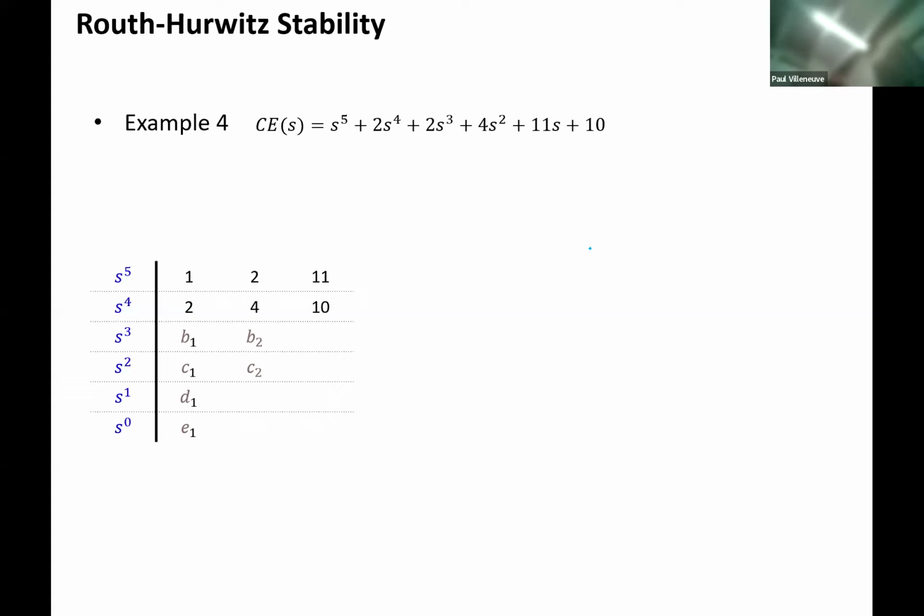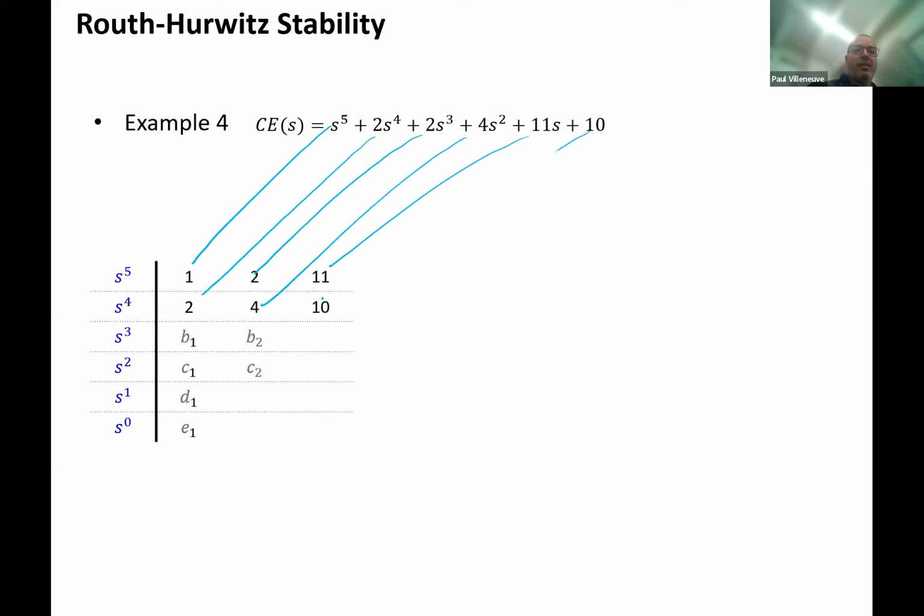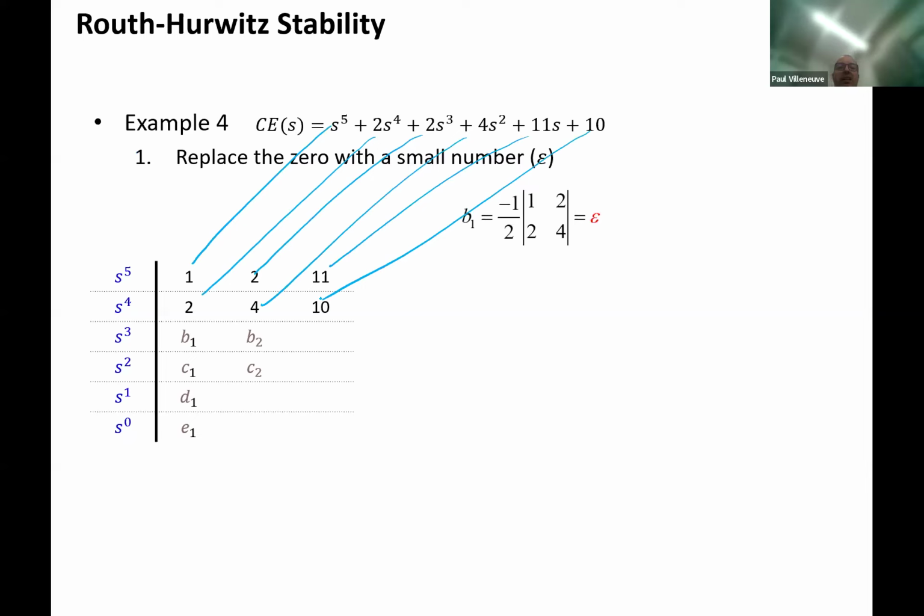Now I'm going to do Routh-Hurwitz. So I grab my coefficients. Now I start calculating B1. Uh-oh. B1 is going to result in a 0. But I don't know if I need to substitute E yet, because I've got to check to see if B2 is 0. Is B2 0?